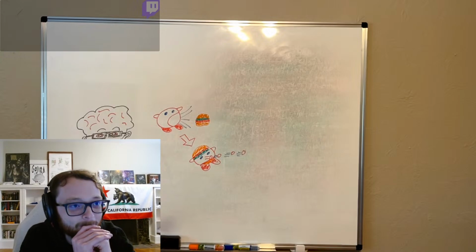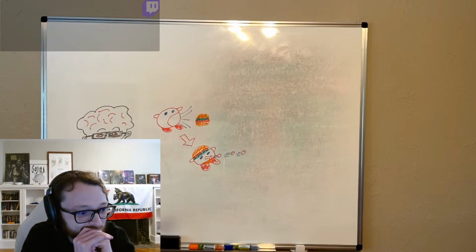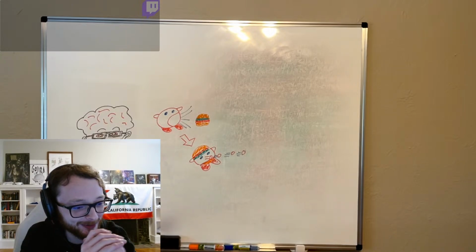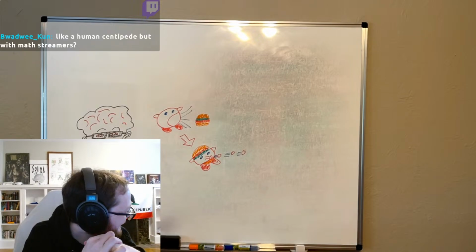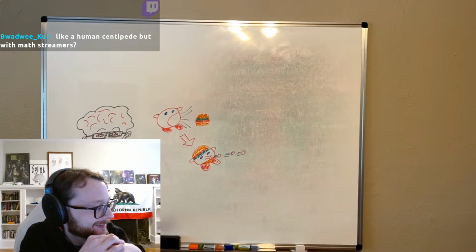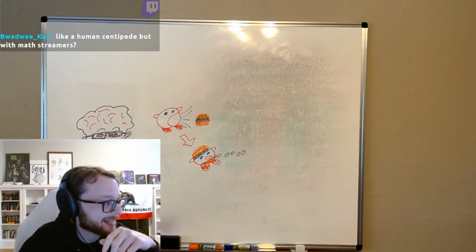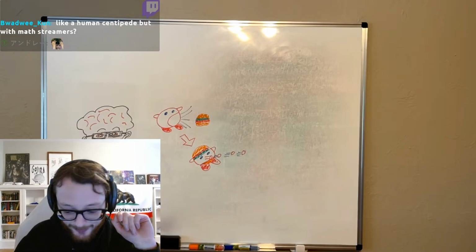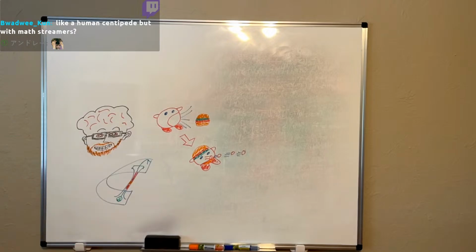Well, now I need to start from the ground up. The human centipede, but with the math streamers, basically. Okay, well, when we do 1 body, 3 heads, it won't be exactly a human centipede. We can just add on some arms for fun, though. I mean, there's rules here.